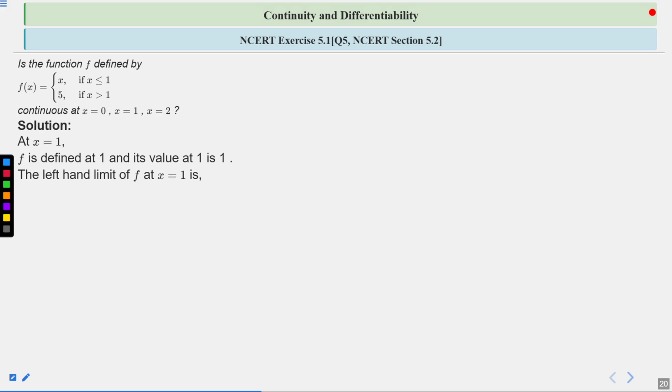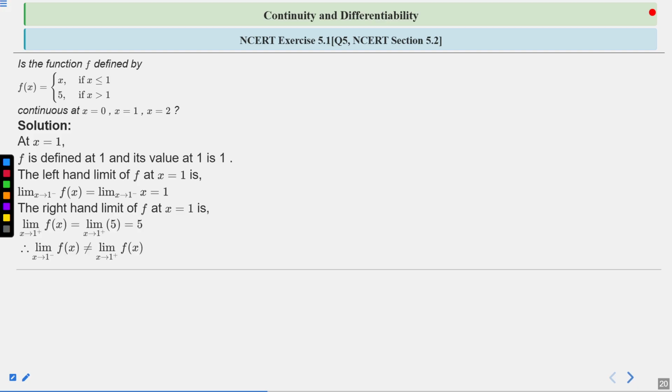The left hand limit of f at x = 1 is the limit as x tends to 1 minus of f(x), which is equal to the limit as x tends to 1 minus of x, which is equal to 1. And the right hand limit of f at x = 1 is the limit as x tends to 1 plus of f(x), which is equal to the limit as x tends to 1 plus of 5, which is 5.